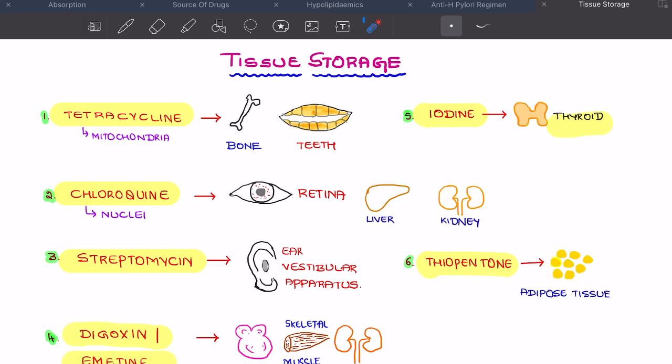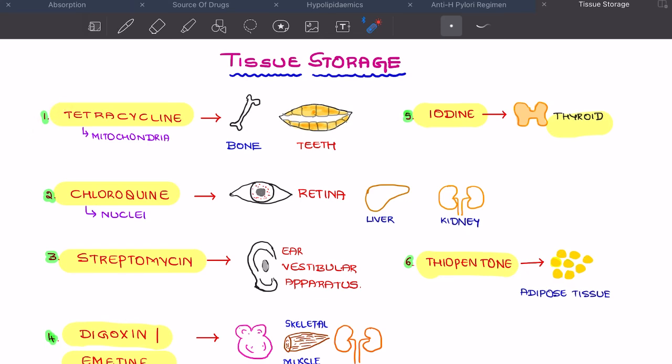Just to recapitulate the examples for tissue storage, you have tetracycline, chloroquine, streptomycin, digoxin, emetine, iodine, and thiopental. Along with that, you need to remember where these drugs get accumulated.